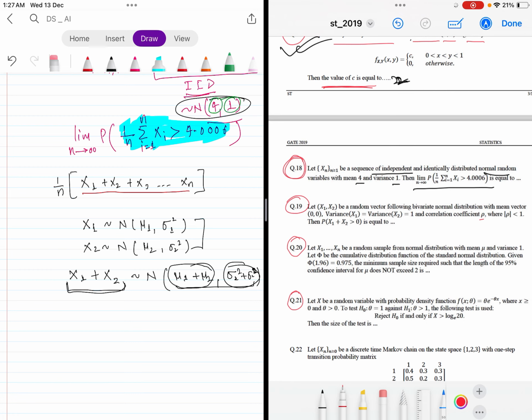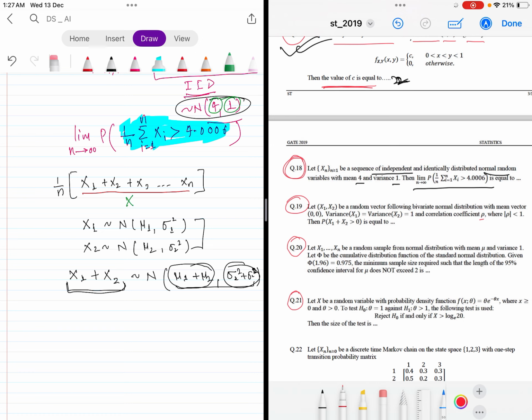Let's call this sum X. Then X will be normally distributed with mean 4 plus 4 plus 4 and so on, so 4n, and variance 1 plus 1 plus 1 and so on, so n.